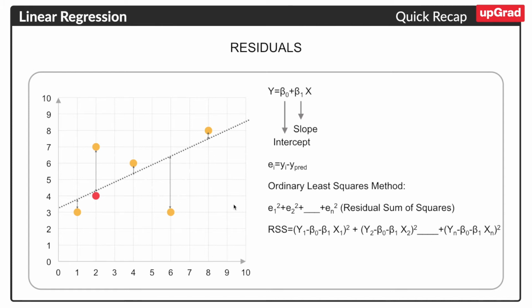We can write this in a mathematical way: RSS is equal to the summation from i equals 1 to n, which means for all the data points we sum y of i, the actual value, minus the predicted value from the linear regression equation, beta 0 minus beta 1 into x of i, whole squared. Now the ultimate objective is to minimize this error term, which is the RSS. That's how we will get the best line we can fit.